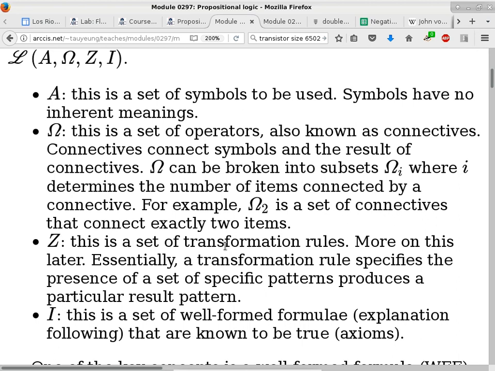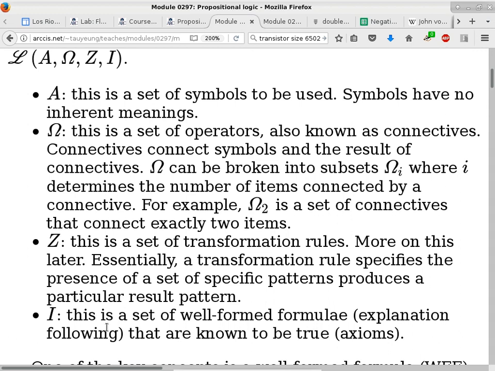You can specify a filter with each rule, and you can say, if I see an expression like this, and an expression like this, and an expression like this, I can produce a new expression by rearranging things from what you start with. Okay, so that's why it's called the transformation rule.